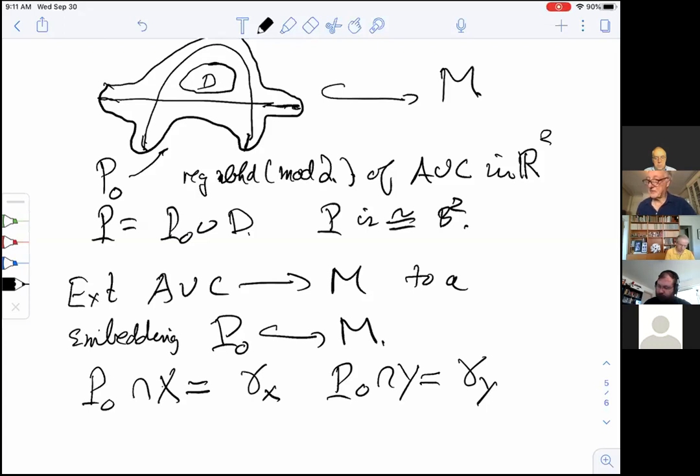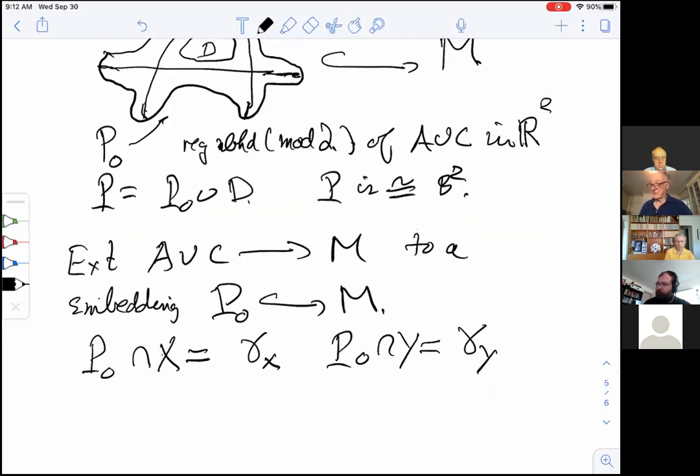Gamma Y is the intersection of P naught with the unit circle. Okay. And otherwise, P naught is disjoint from M.